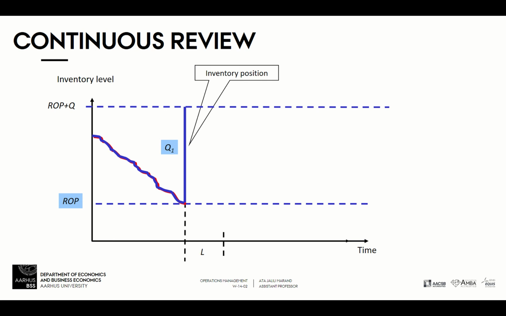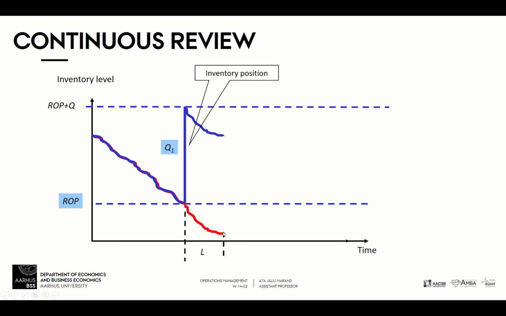Let L denote this time. After L units of time, which is the lead time, we will get the order that we have made previously. Until that time, the inventory level and of course inventory position will decrease again because of demand materialization.